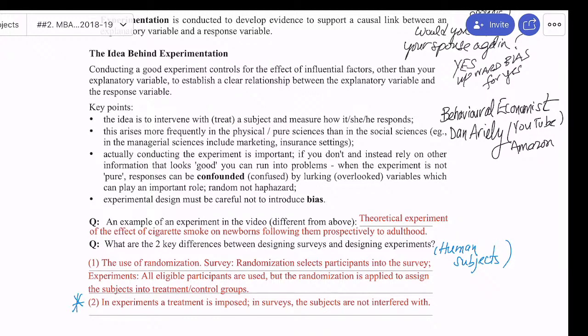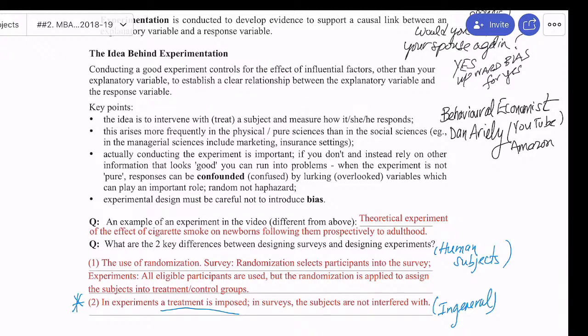This is in general, though. So the idea that you impose a treatment. And with surveys, you don't treat them, but the randomization is a little bit different.